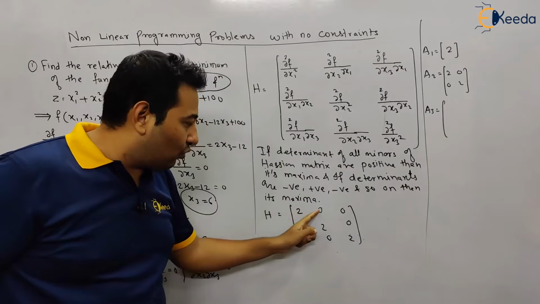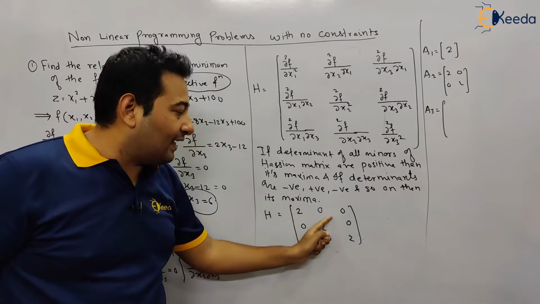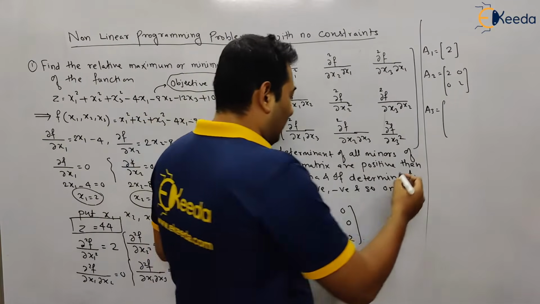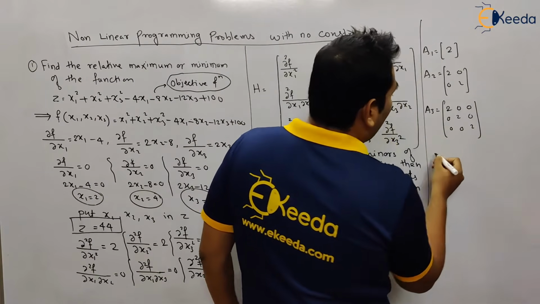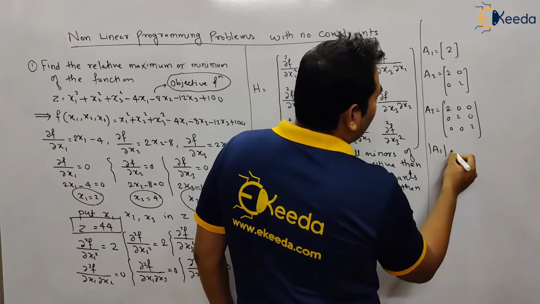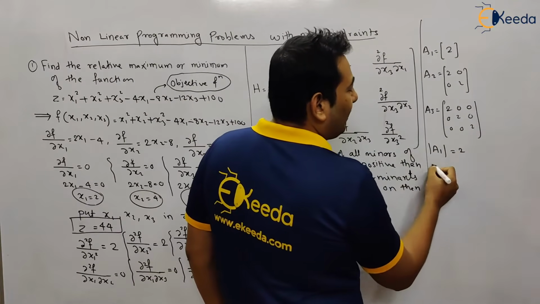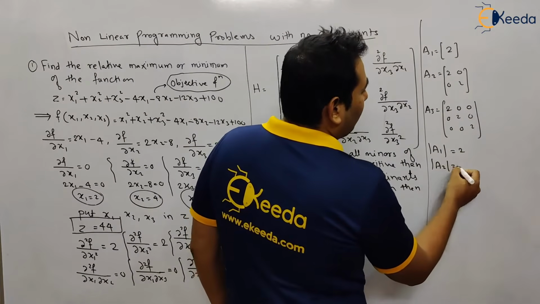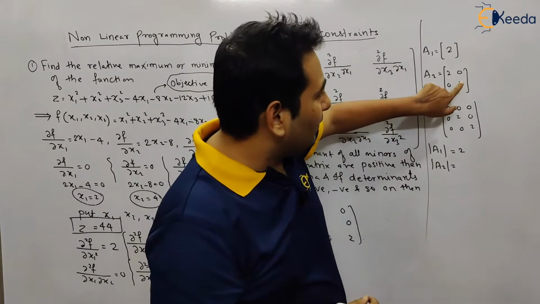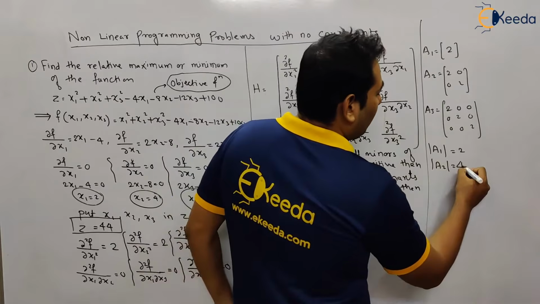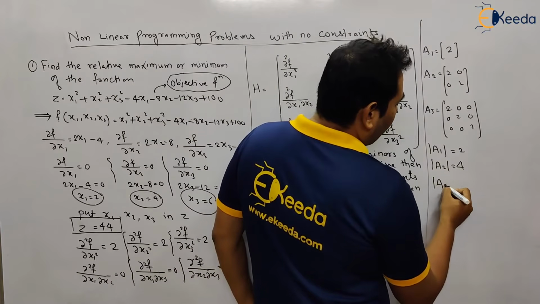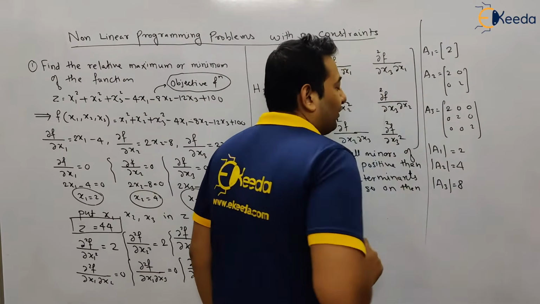A2 means 2 cross 2. And A3 means 3 cross 3, that is your entire matrix. If you find the determinant, for A1 there is only one element, that is 2. Determinant of this matrix, 2 times 2 minus 0, that is 4. And if you find the determinant of the last, that is 8.